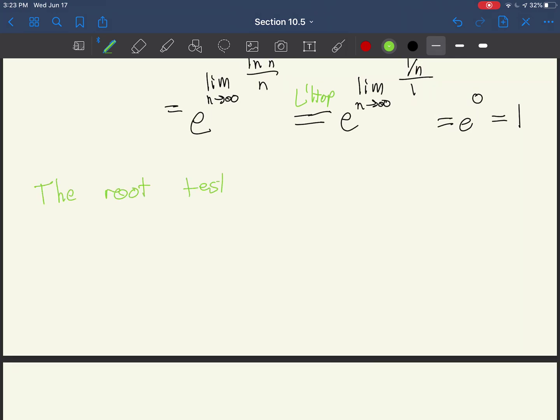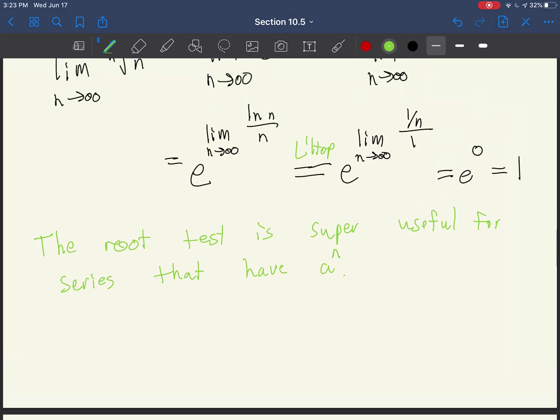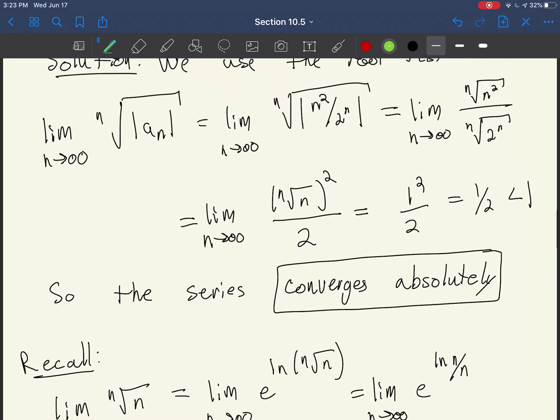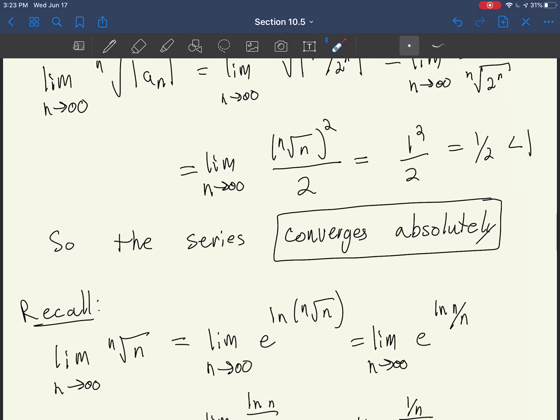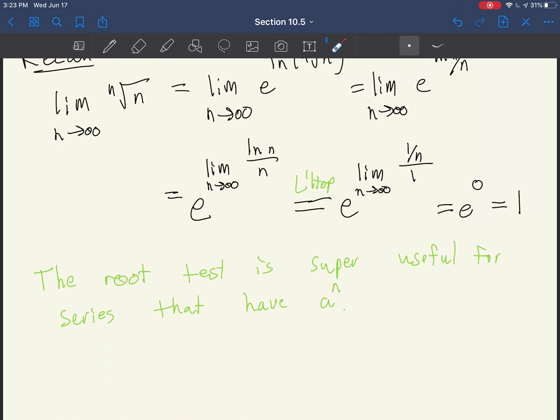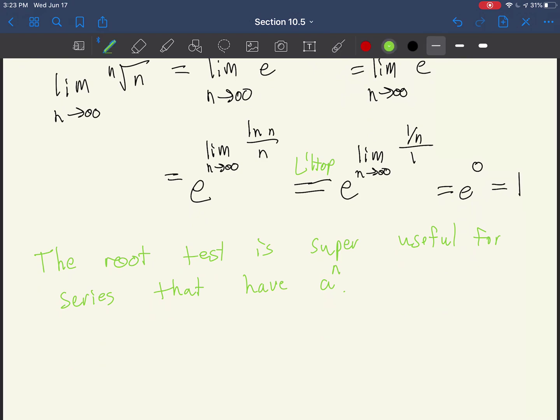Last comment, I already said it, I'm just going to write it down. The root test is super useful for series that have a^n. As you saw in this example, the 2^n was just reduced to a 2, a 1/2, which makes the root test very convenient here.